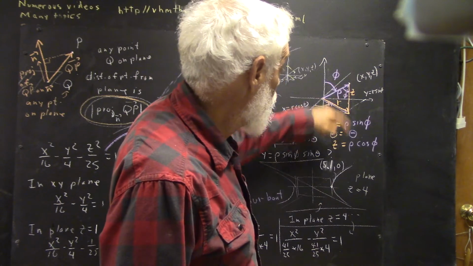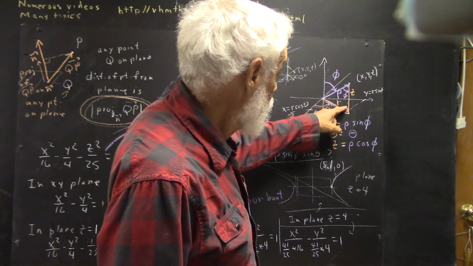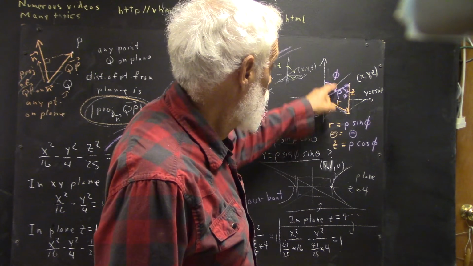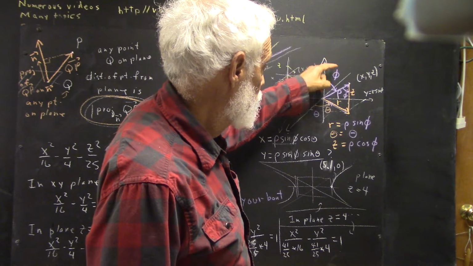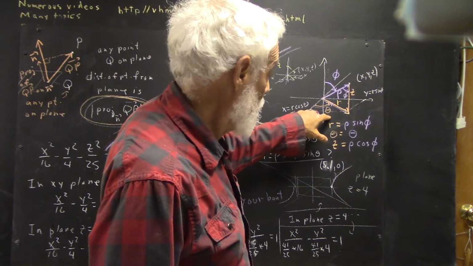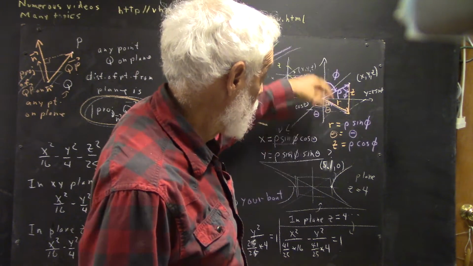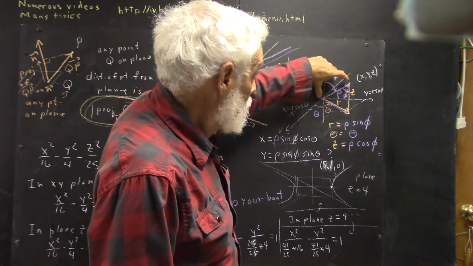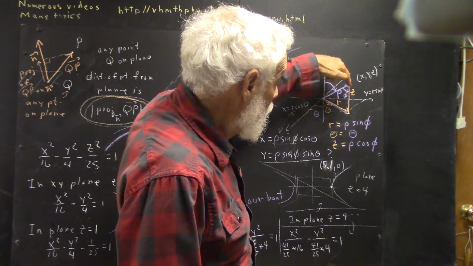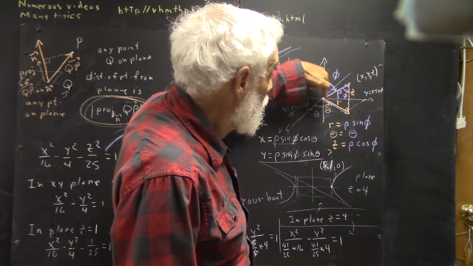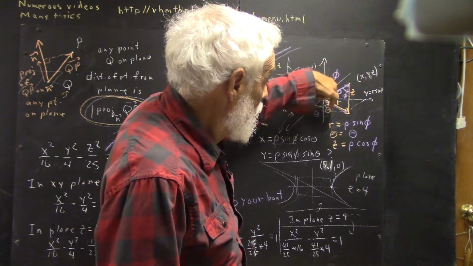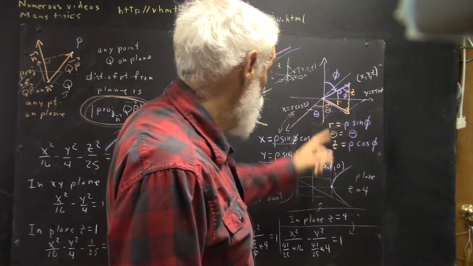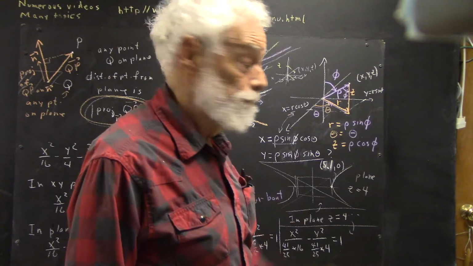So here's our angle phi. Now here's our right angle right here. So how does r relate to rho and phi and theta? Well, it doesn't depend on theta. Theta depends on where this is, but in the dimensions of this triangle, the hypotenuse is rho, the angle up here is phi, and r is the leg that's opposite that angle phi. So r must be rho sine phi.